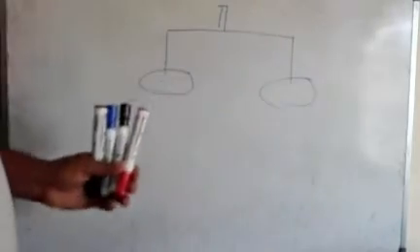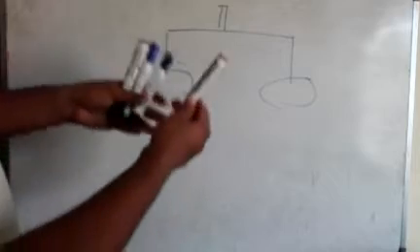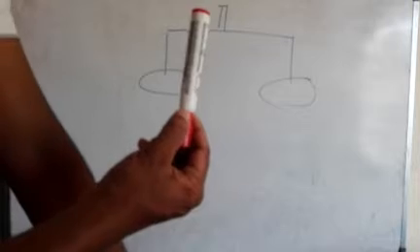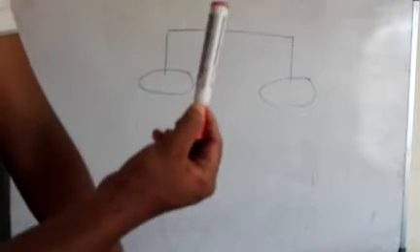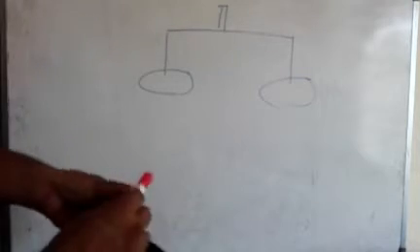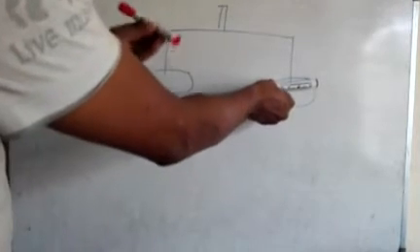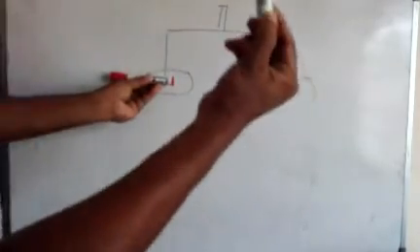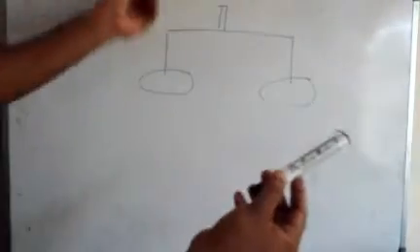So the relative mass of the bottle is 4, since I needed 4 pens to balance it. The mass of one pen is the unit that we use to measure the mass of the others. If I put one pen this side, to balance it, one pen should be put here. So the relative mass of a pen is 1.